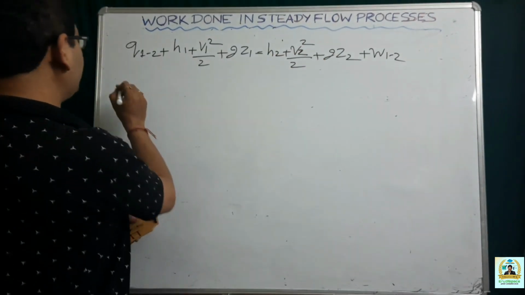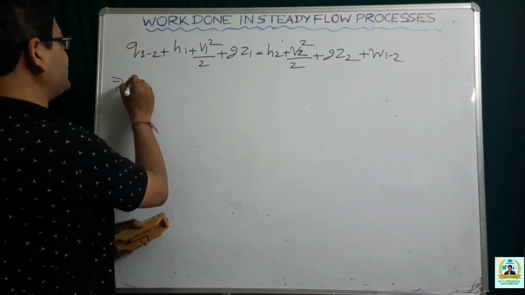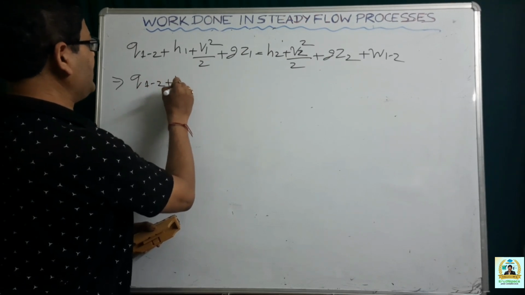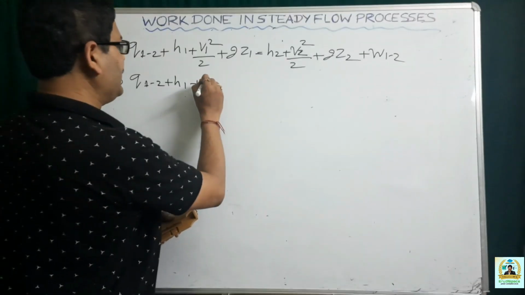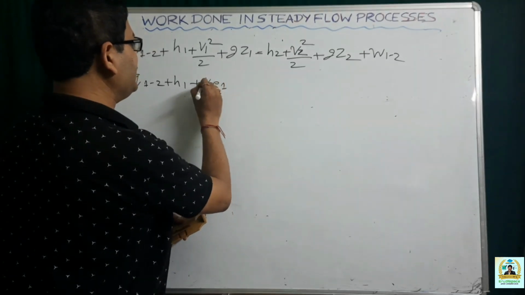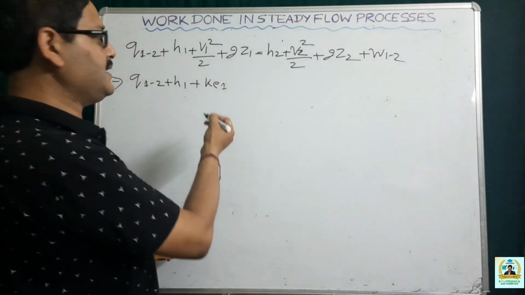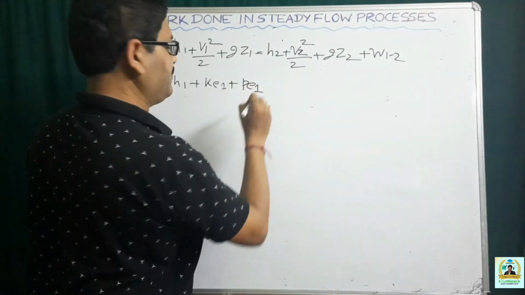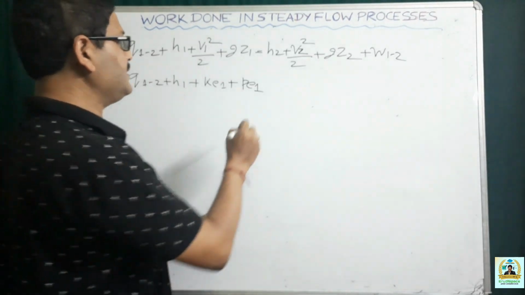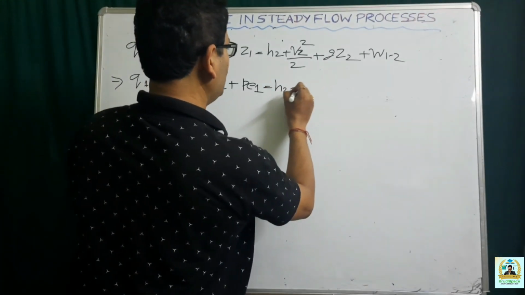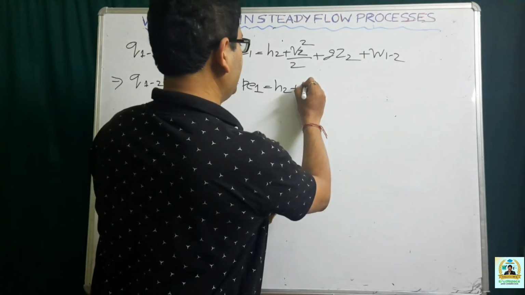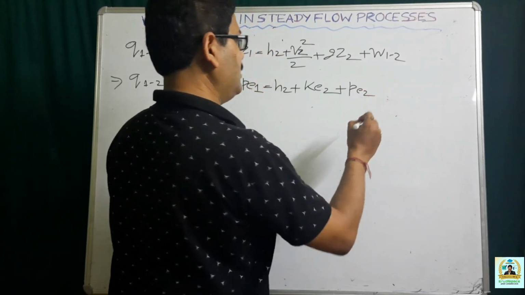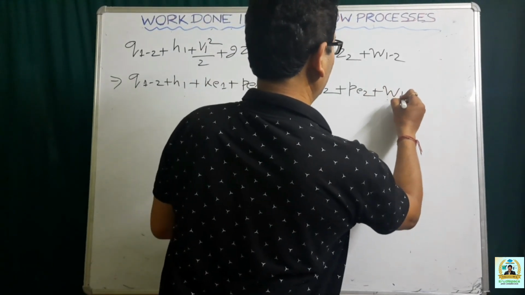Now, this can also be represented as Q12 plus H1 plus KE1, specific kinetic energy, plus PE1, specific potential energy, is equal to H2 plus KE2 plus PE2 plus W12.